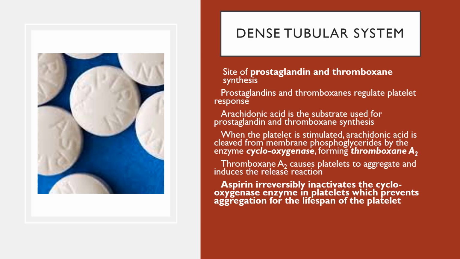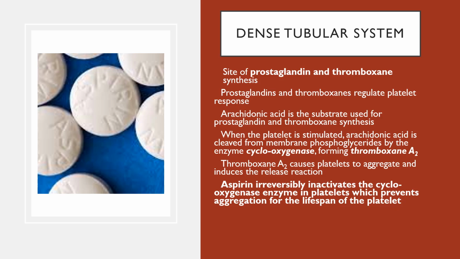Now, if we don't have arachidonic acid, or if arachidonic acid is in short supply, we can't utilize it as a substrate for prostaglandin and thromboxane, which means our platelets will go unregulated.